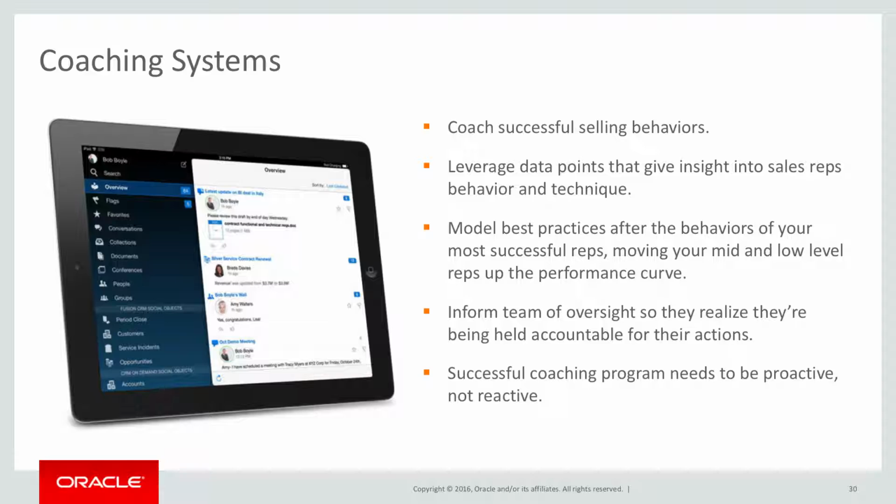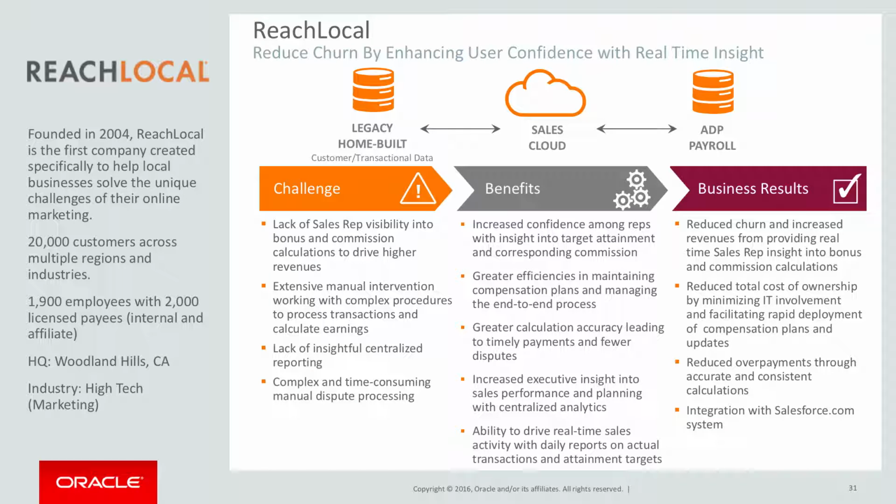When we put those together, what we'll see is all sorts of examples of people that are facing similar challenges to what you may be seeing, getting an increased number of benefits and a whole host of business results, where they're actually using a cloud-based solution tied to my legacy systems and tied to my financial systems for payroll.